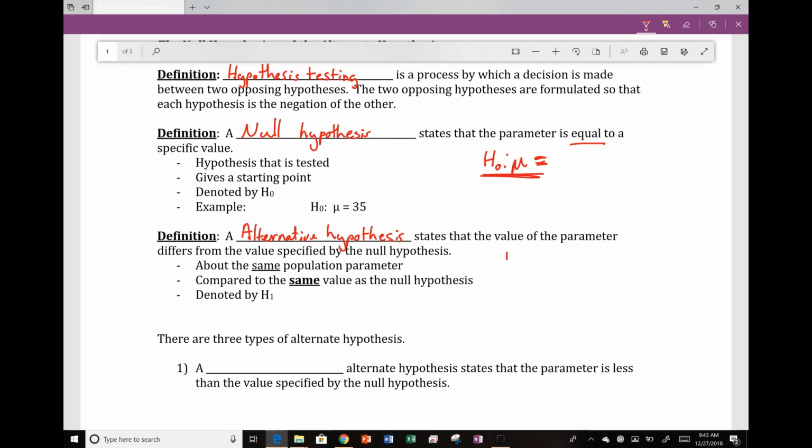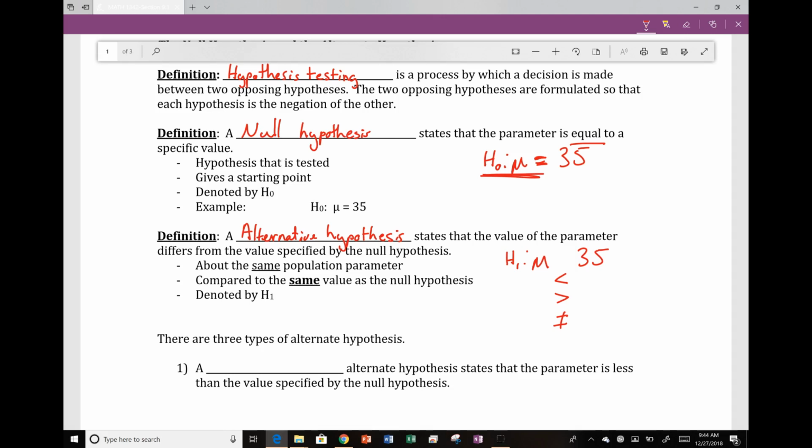This is denoted by an H1, not an HI, an H1. And so we're again going to compare to whatever parameter we're looking at. Like in this case, if the null hypothesis is mu is equal to 35, this one would be the alternative hypothesis mu. It's going to be compared to 35. Now it could be less than, it could be greater than, or it could be not equal to. And we're going to discuss each of these as we go through looking at how we distinguish between them.